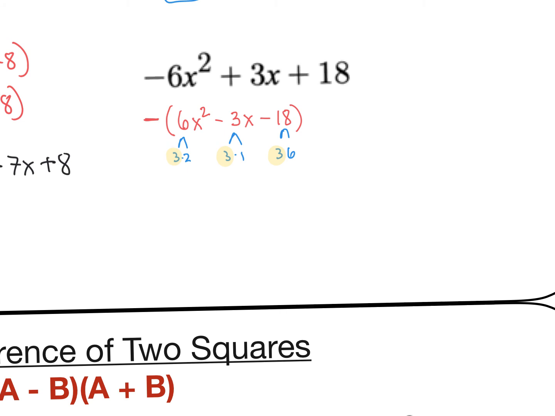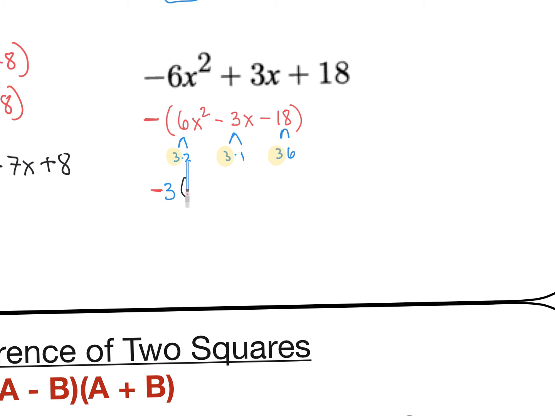And let's see what we are going to go ahead and do with that. So we're going to put the negative in front, and then the 3 that we're bringing out of each one of these, and then whatever's left in the parentheses, we're just going to bring on down.